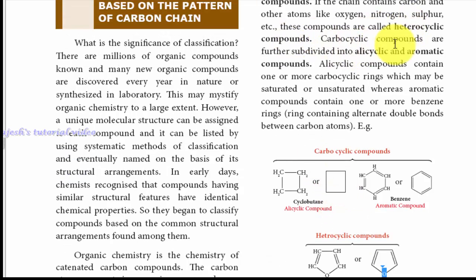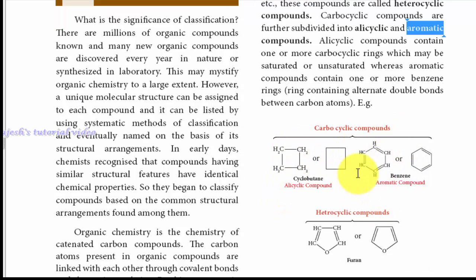In carbocyclic compounds, there are two other subdivisions, namely alicyclic compounds and aromatic compounds. Alicyclic compounds contain one or more carbocyclic rings which may be saturated or unsaturated. In aromatic compounds, one or more benzene rings are present.